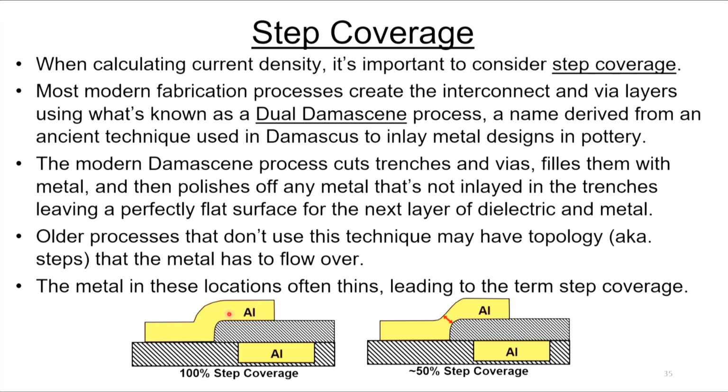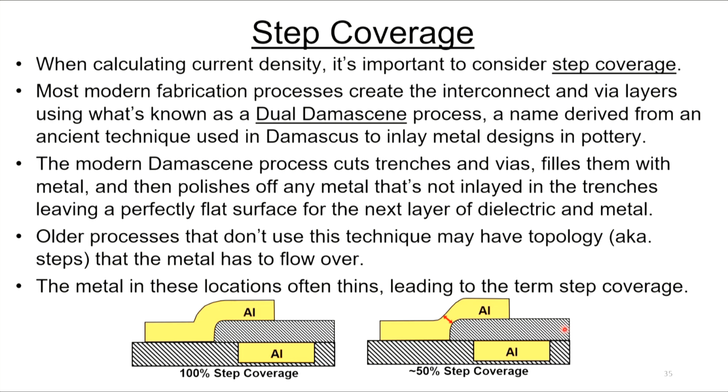Here we have metal flowing over a step, and this is perfect. It's maintaining its full 100% thickness. This would be 100% step coverage. Off to the right here, this is probably a more realistic example where the metal flows over the step and it thins down, and it might thin down to 50% of its original thickness or less.